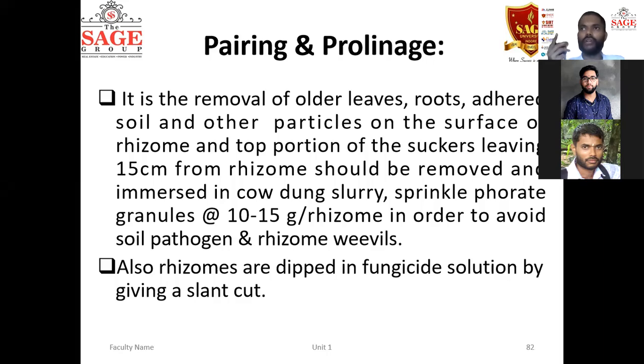So from this collar 15 centimeter portion you can keep, and other portion of pseudostem you can avoid. After that, this type of corms you can immerse in cow dung slurry, then sprinkle with 4-8 granules, 10 to 15 gram per rhizome, in order to avoid the infection of any pathogen or rhizome weevils.